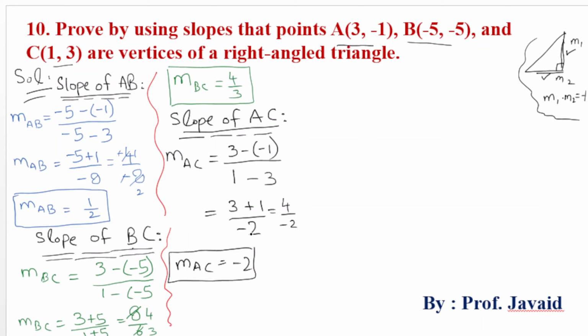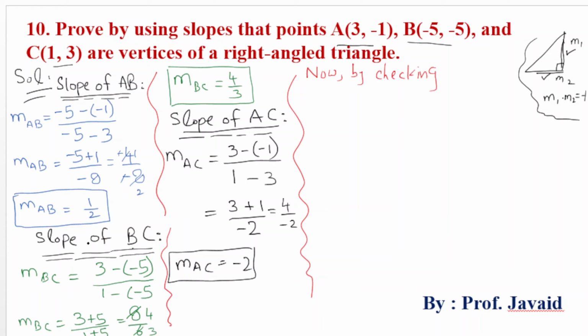Now we have to think: if the product of any two sides is -1, then we say these are perpendicular.